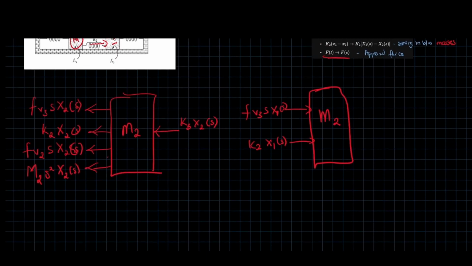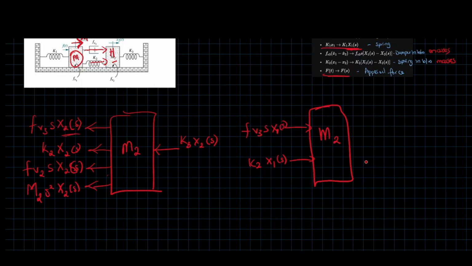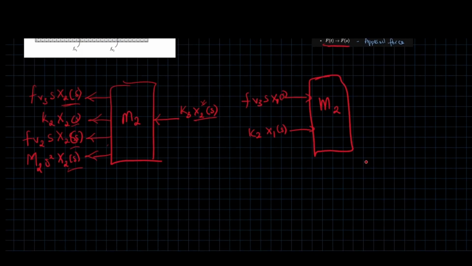So now let's just summate the forces. You can see that these all have the same factor of X2 and they're moving in the same direction. So we can literally just write all of them as FV3 S plus K2 plus FV2 S plus M2 S squared plus K3, all of them with X2 S. And the opposing force in this case is these two.